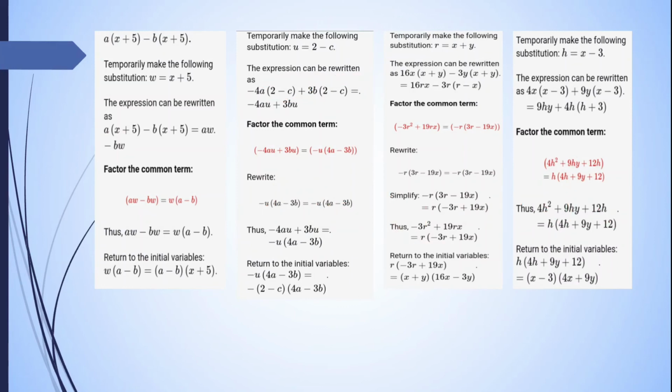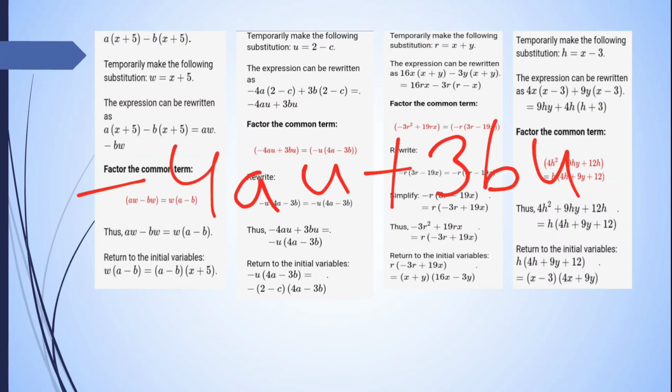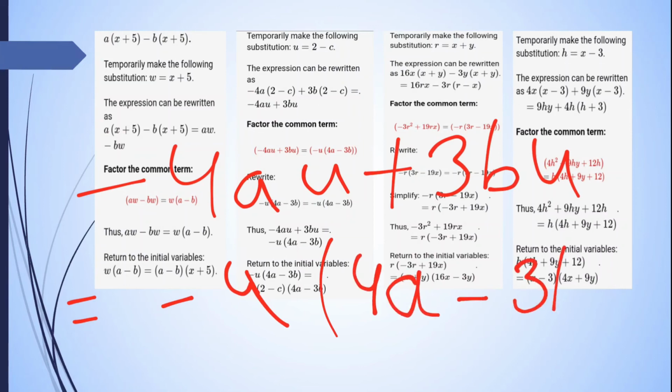Now what we have to do? 4au plus 3bu. Now in this you can take common minus u. Now take common minus u. We will get the remaining term, that is 4a minus 3b. We have to write minus here because when we multiply this minus sign with this minus sign, we will get a plus sign.